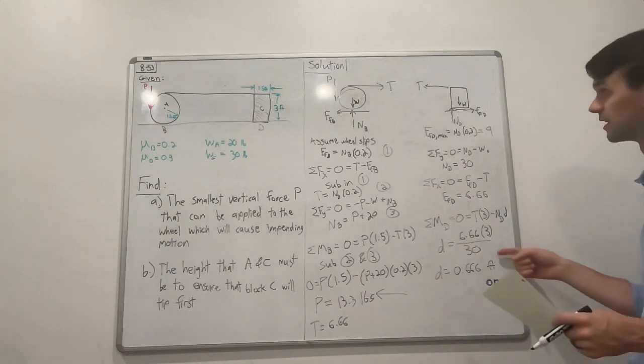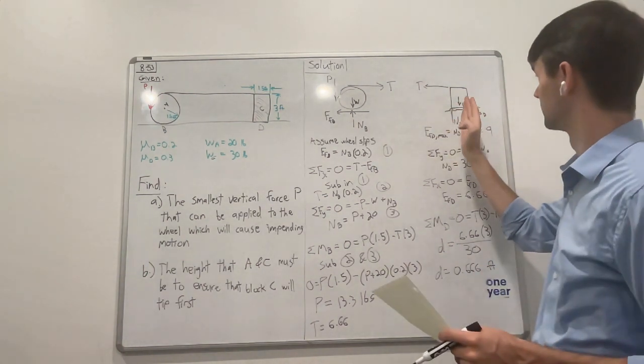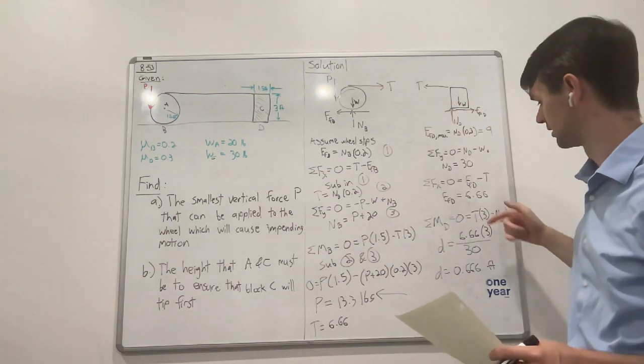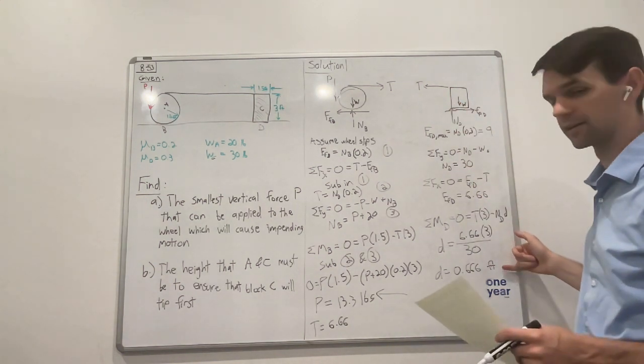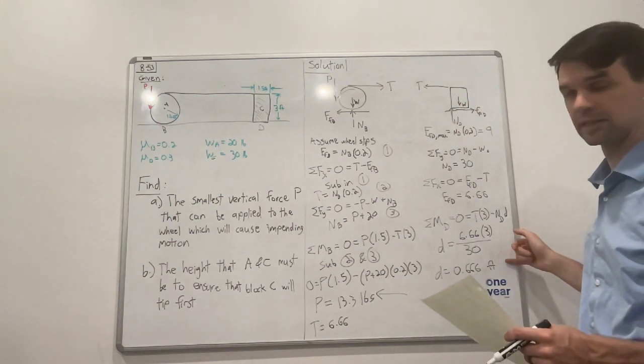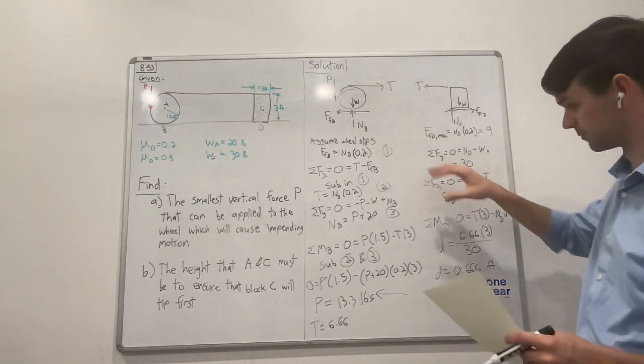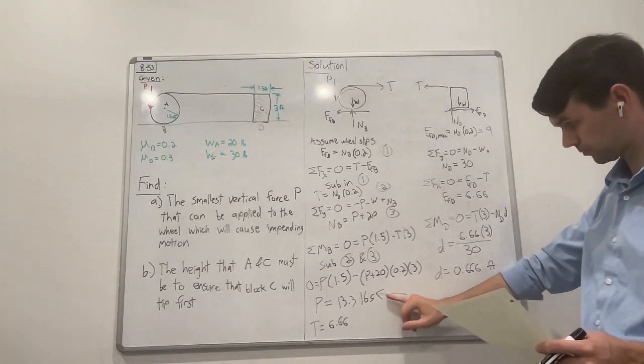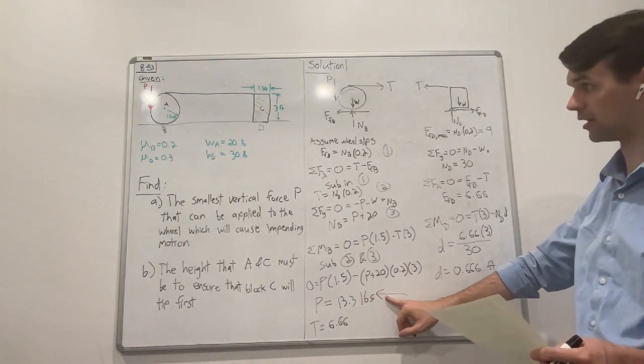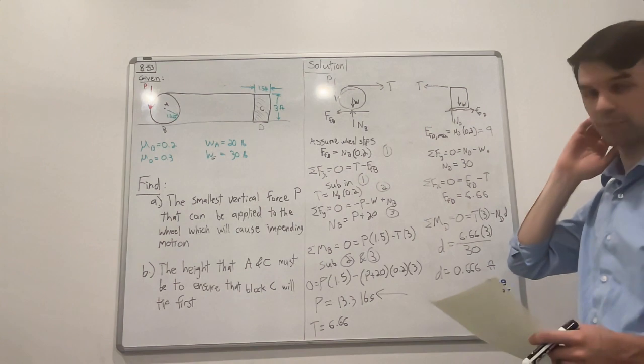So because the distance is less than 0.75, which would stick it at the very corner of the box, we do not experience tipping. So the box does indeed slip first, and the minimum force that can be applied is 13.3 pounds.